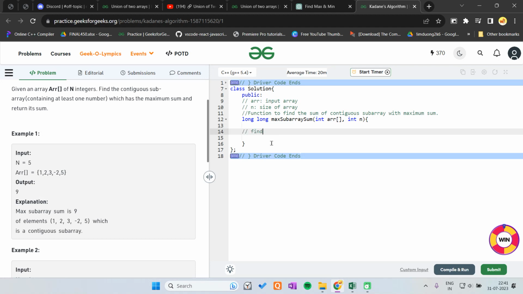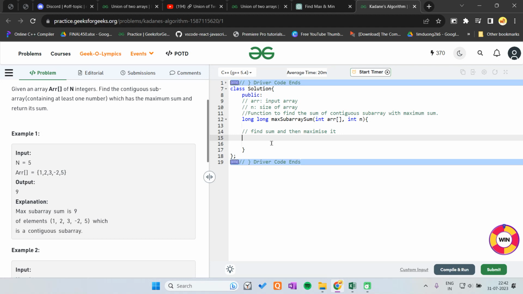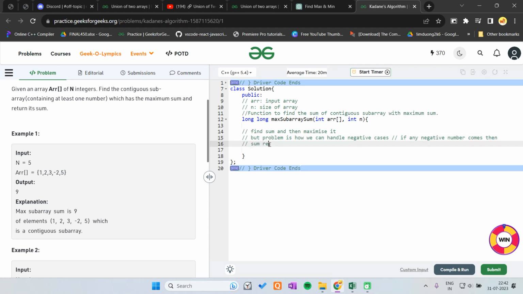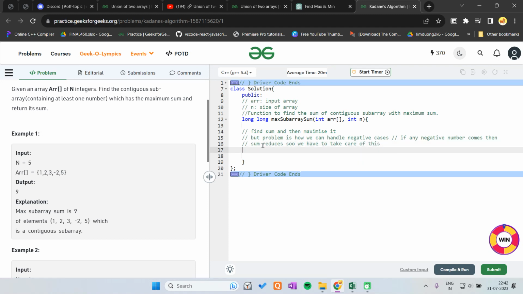But the problem is how we can handle negative cases, because if any negative comes, the sum reduces. So we have to take care of this.